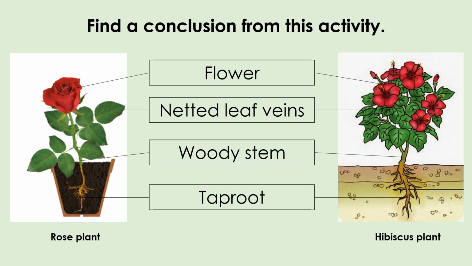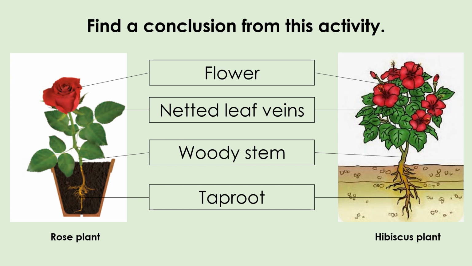Now find a conclusion from this activity. How to make a conclusion? You have to remember our lesson. First, are they the same plant? No, they are not. They are different plants.